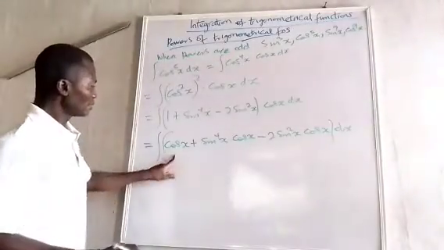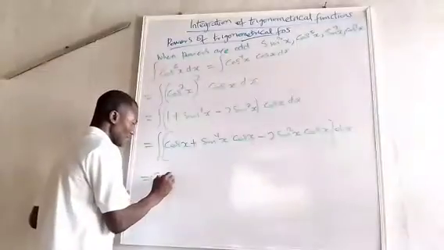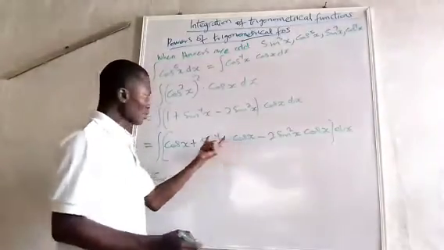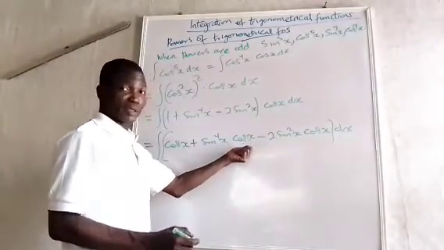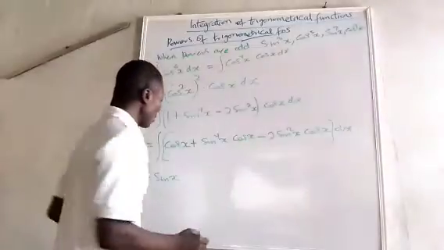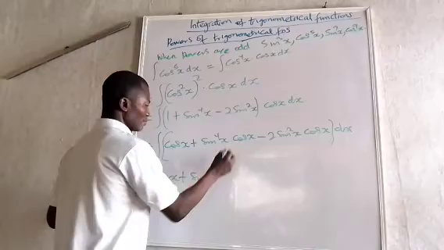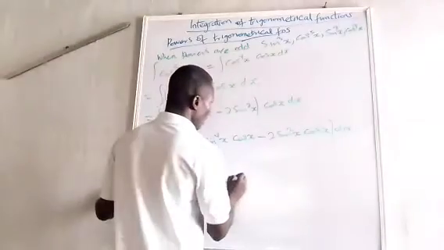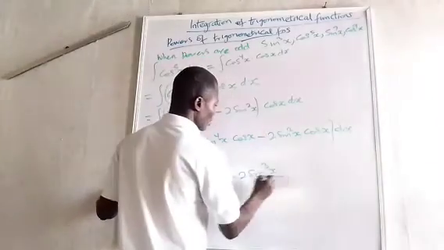If I should differentiate sine x, it's going to give me cos x. So I have sine x here. Sine raised to power x, this one is going to be raised to power 4. If I should integrate this one, I'm going to have this. So plus sine raised to power 5x over 5 minus 2 sine cube x over 3.